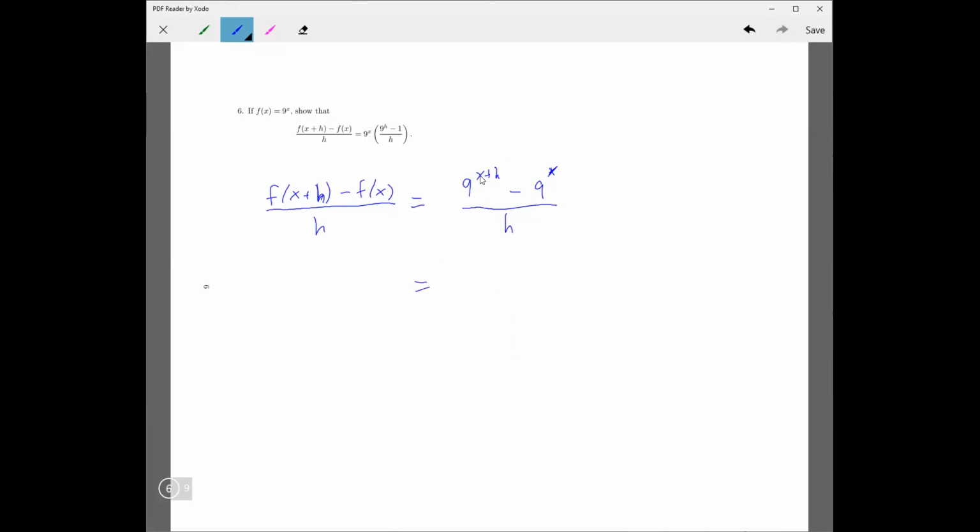And then you use the property of exponents where 9 to the x plus h is 9 to the x times 9 to the h. And then you can factor a 9 to the x out.